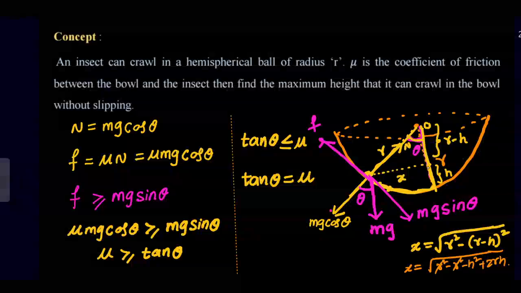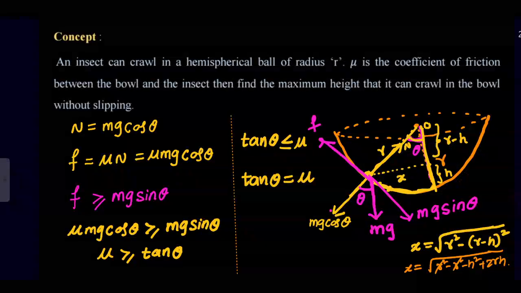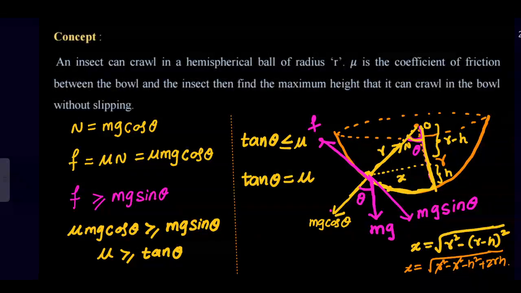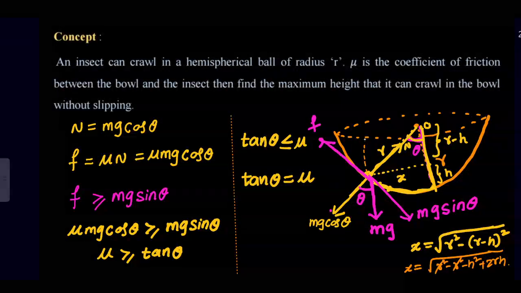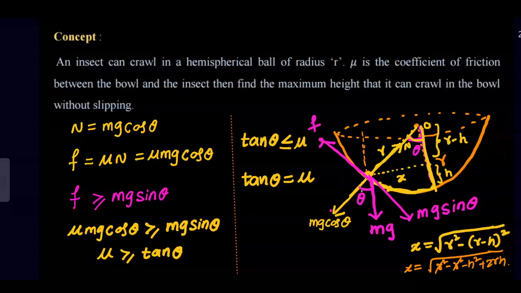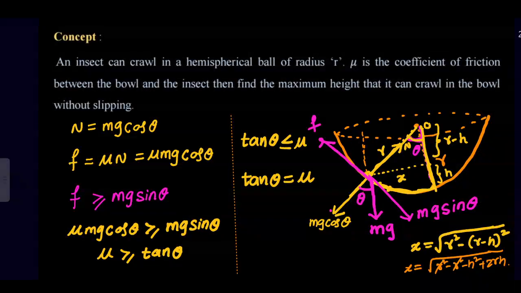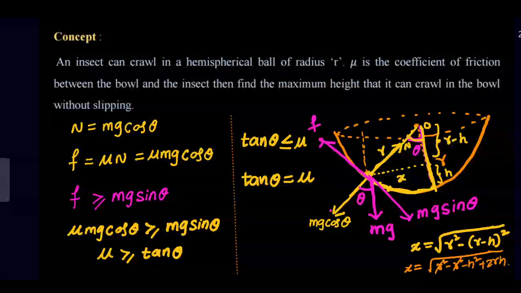This value is theta, this value also theta. So we got tan theta is equal to mu only.